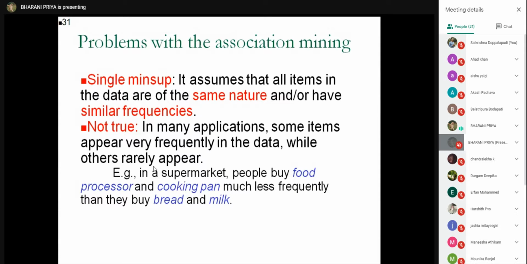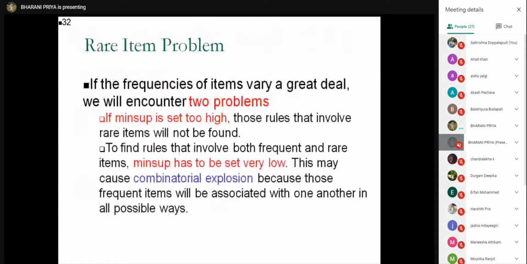For example, in a supermarket, people may buy a food processor or a cooking pan along with bread and milk. If we set the minimum support too high, these rare items may not be included in the frequent item sets or in the rules.